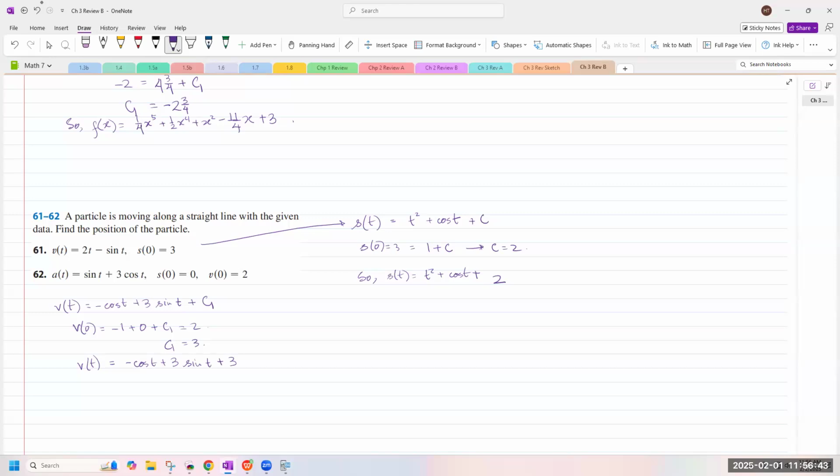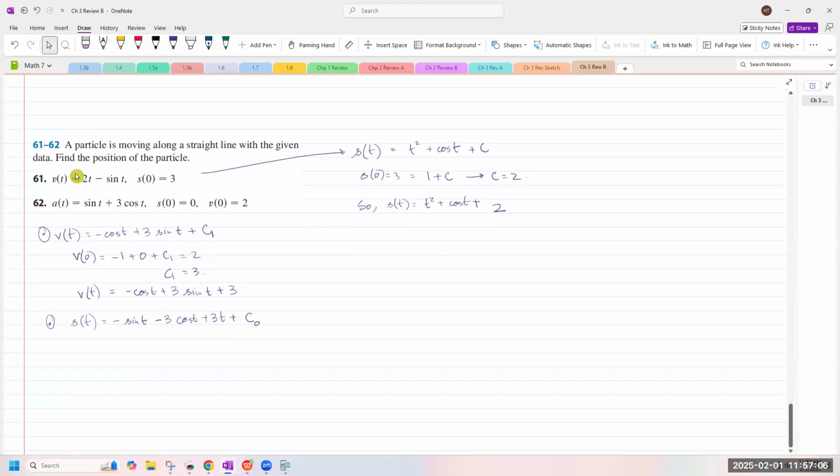Okay, now from there we go on further. What is the position function? s(t) equals negative sine t minus 3 cosine t plus 3t plus constant. Yeah, you do the antiderivative, right?